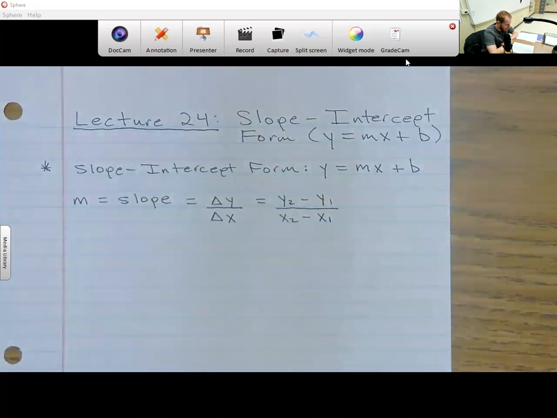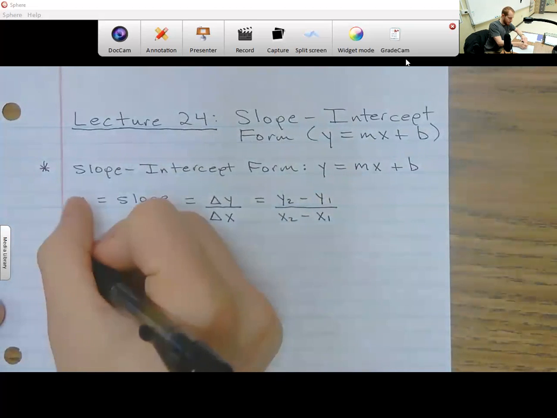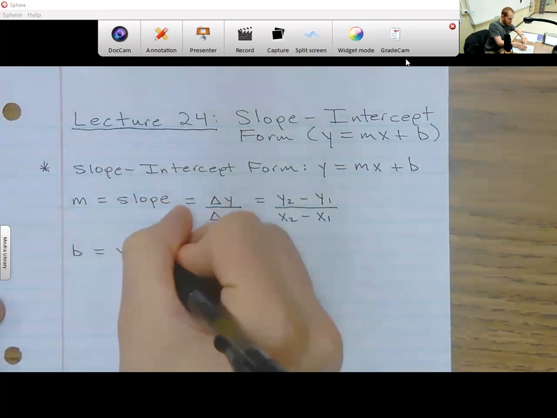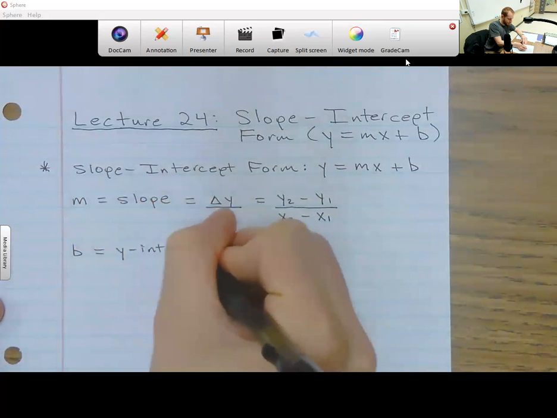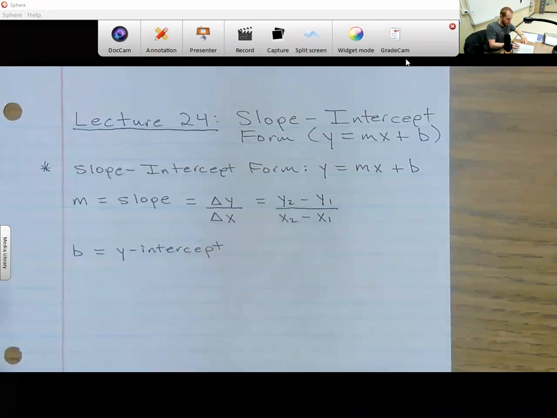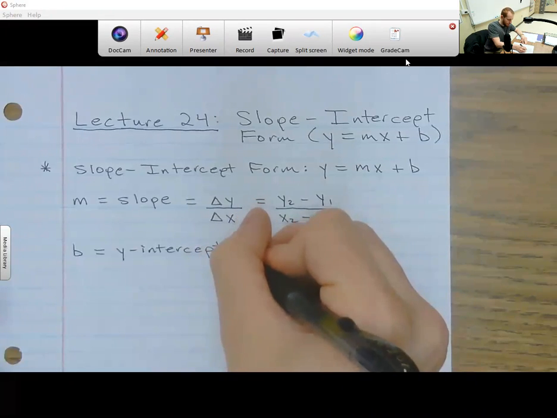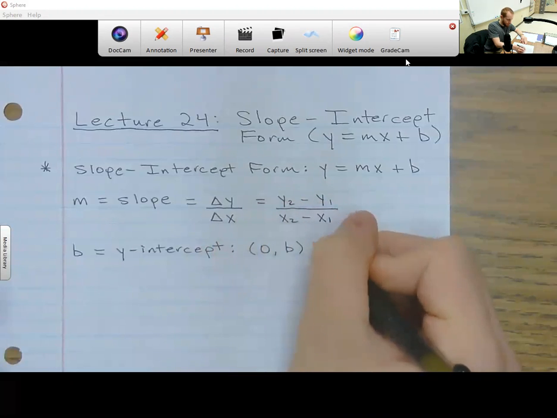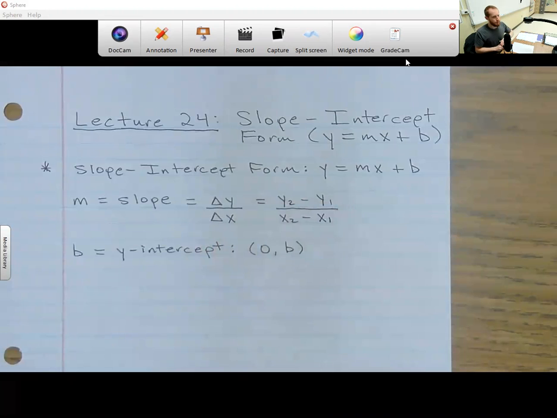Okay, and b is the y-intercept, which can be written as (0, b). If you remember from last time, we were finding x-intercepts and y-intercepts.